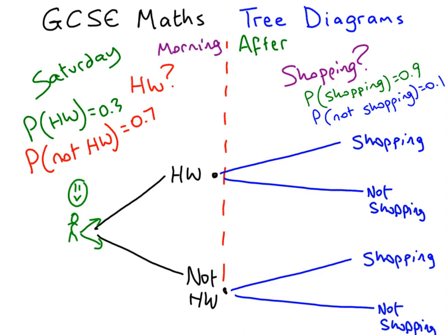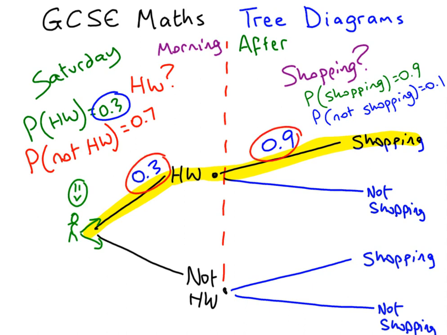So if we wanted to know the probability that we do our homework and then go shopping, we're walking along these branches, and the maths that we're going to do is we think probability of homework was 0.3, the probability of shopping was 0.9. Okay, and if you want to do the probability of homework and, notice the word and here, shopping, you're going to multiply.